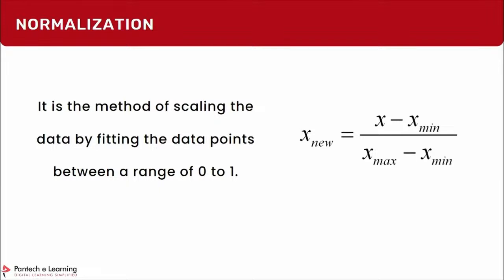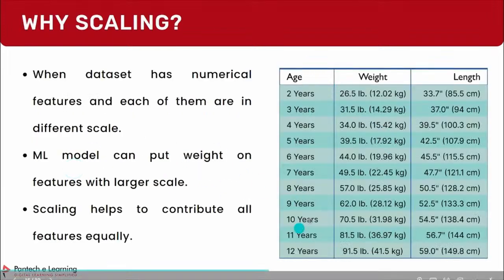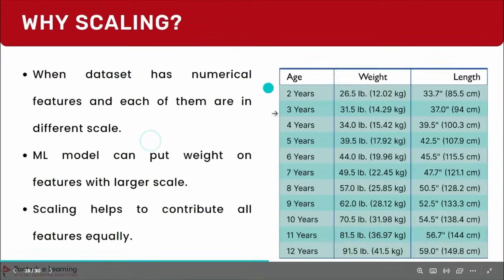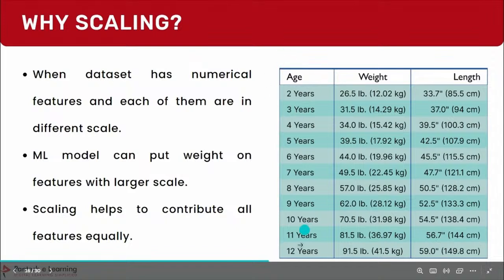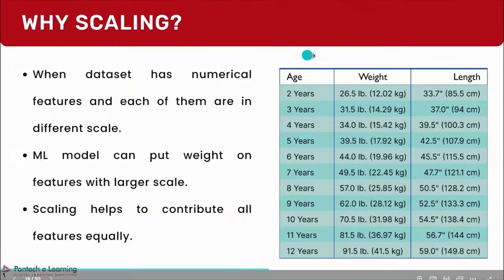For example, in this normalization, we will be using this particular formula, and if I apply this formula, all your values will transform to a range of 0 to 1. For example, if I take this age column and apply this formula for all the points, then the minimum value of this column will be 0 and the maximum value will be 1, and the remaining values will be between them. Like that we can do for all the columns.